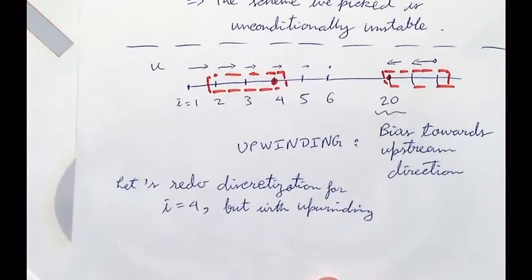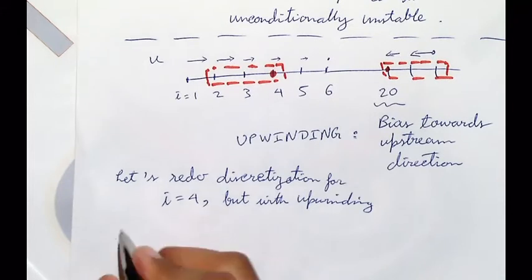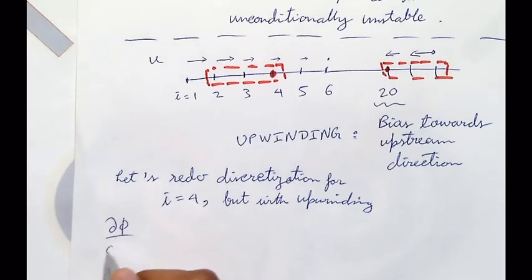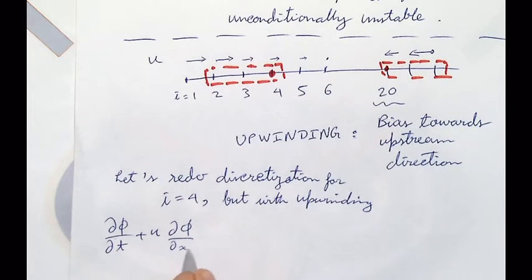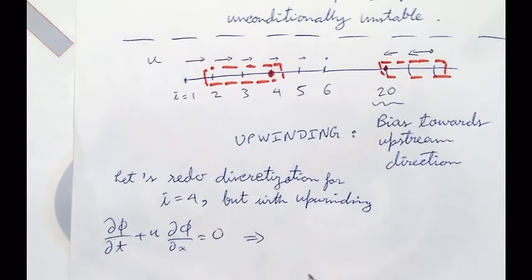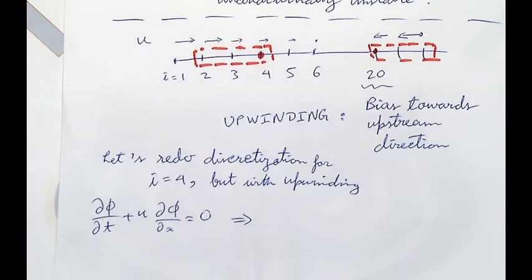Now, let me write out the equation quickly. It's del phi by del t plus u del phi by del x equals 0. This time you will tell me the discretization. Let's use the same first order in time and let's change the space. So what goes here?